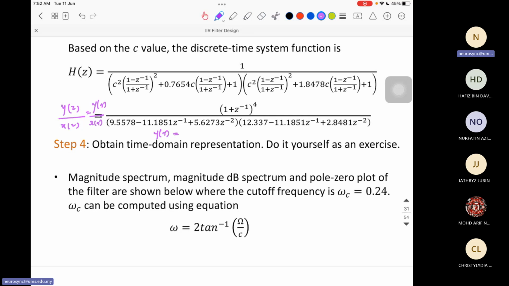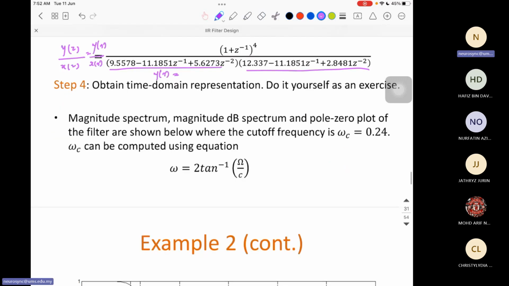So you will get a long equation here because so many terms are there. And you also need to multiply these two terms, this term and this term. So the final polynomial you will get in the power of z to the power minus 4, minus 3, minus 2, minus 1. So then you can write this difference equation. Now this is our final step.